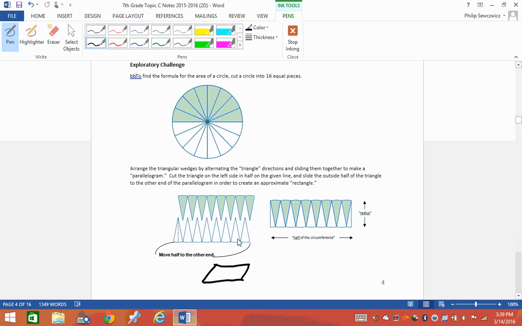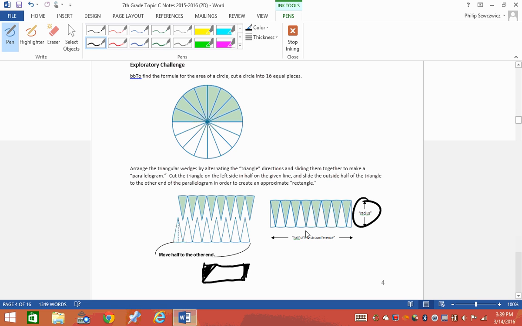What they end up doing is they take that end piece and chop it off, and then put it over here, and it ends up forming a rectangle. If we look at it closely at one of the pieces, this up and down part is the radius of the circle.